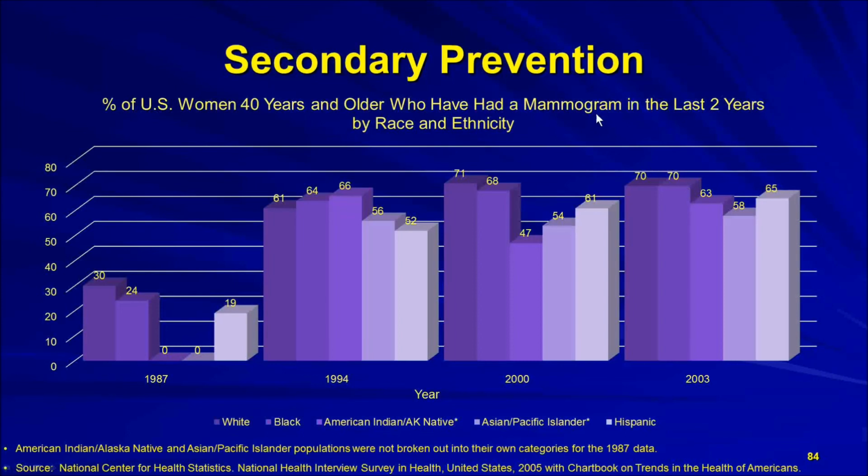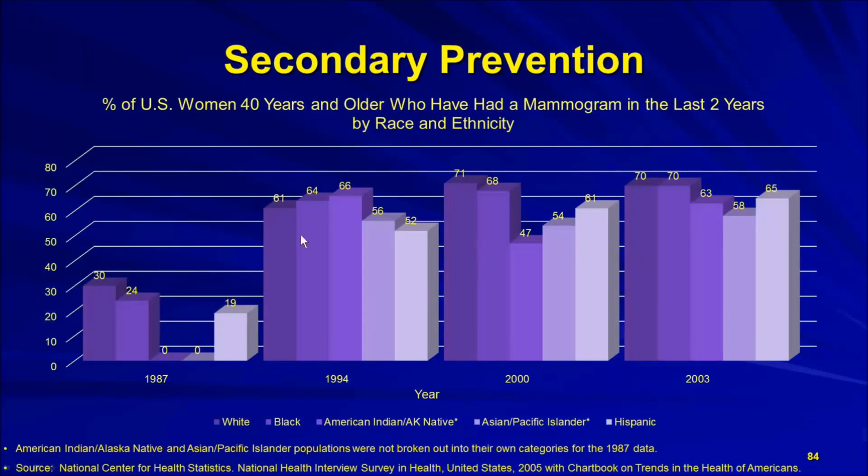So if mammograms are good, we've got a certain segment of the population that we are not reaching. So that's another factor that we ought to take into account. All groups for which we have data have made progress in receiving mammograms, right?